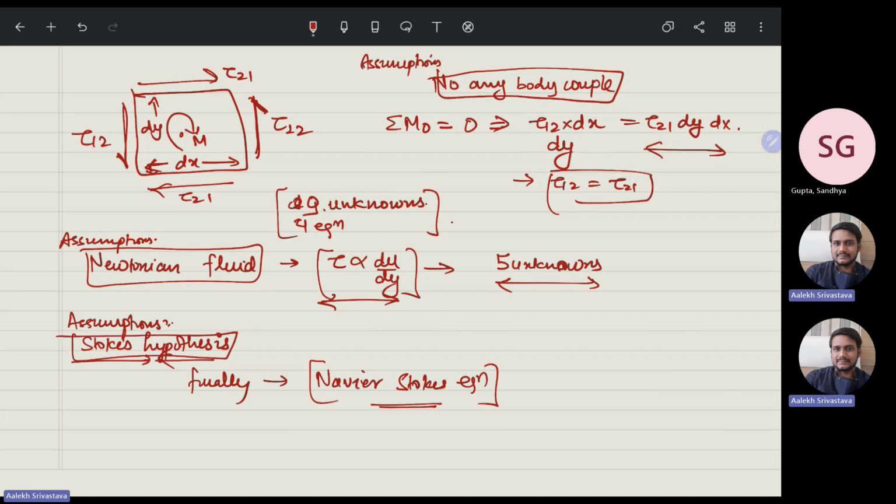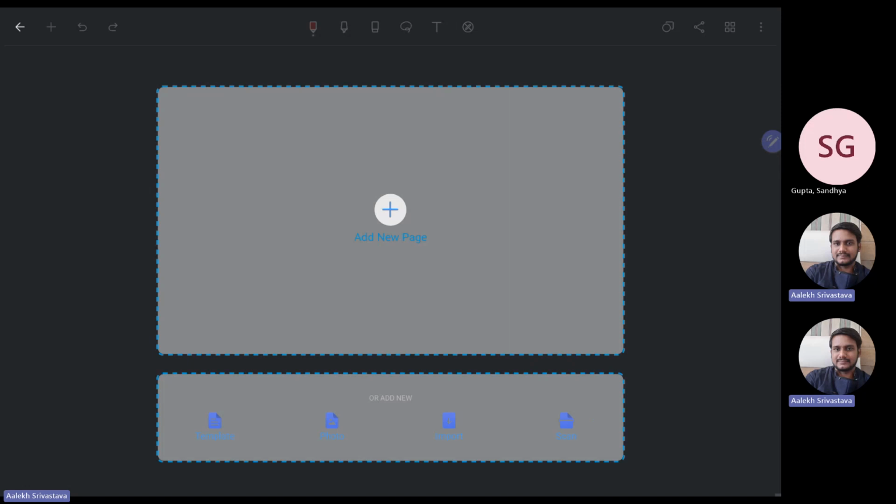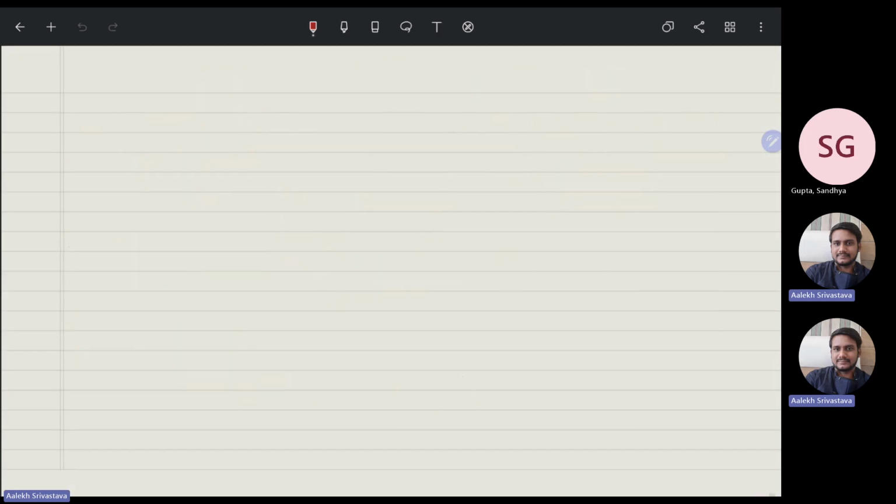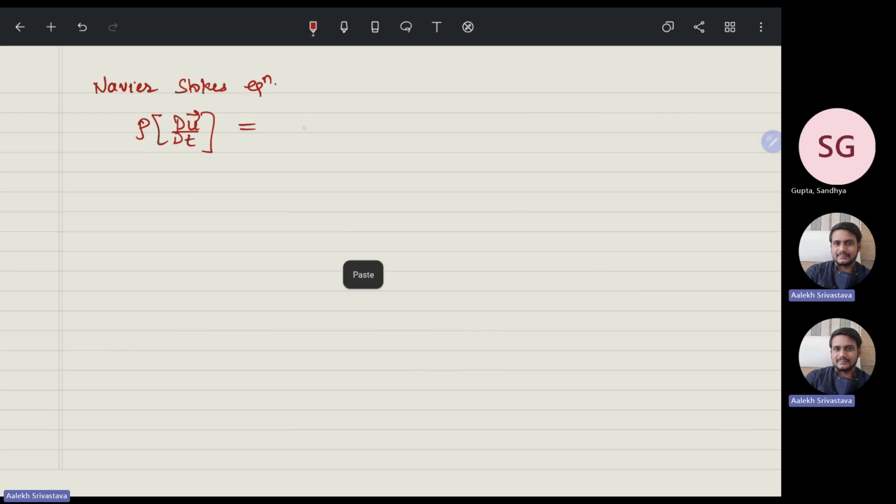So the Navier-Stokes equation that you get is rho du vector divided by dt. This is your acceleration term, equal to minus del p by del s plus mu del square.